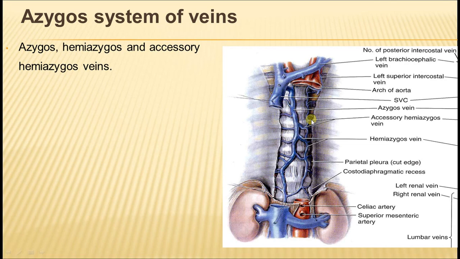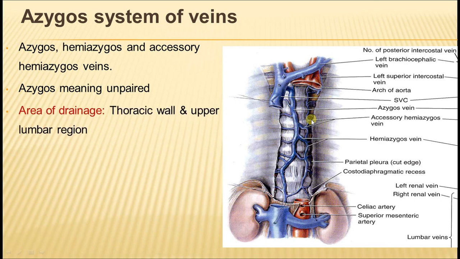Mainly the Azygos vein, the Hemiazygos vein, and the Accessory Hemiazygos vein drain the thoracic wall and the upper part of the lumbar region.